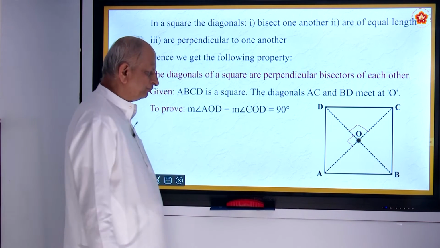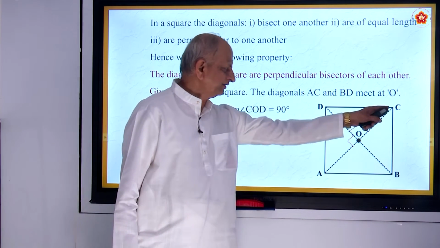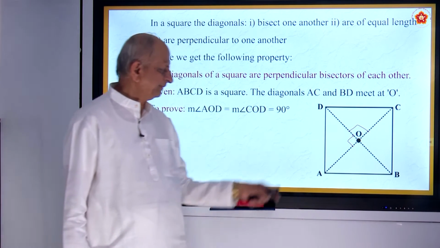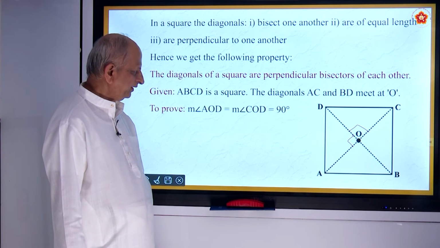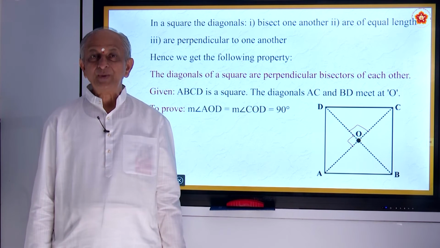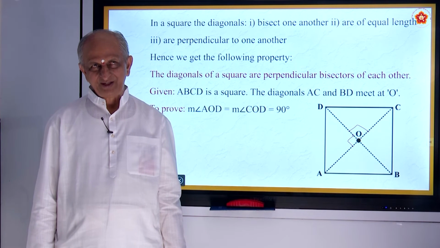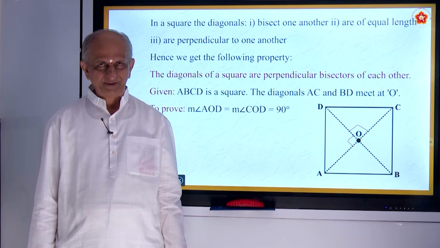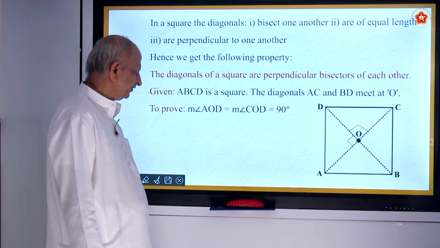That is what you have to prove. Here AC is one diagonal, BD is another diagonal. And how to prove it? By the congruency of triangles. In congruency of triangles, you have studied about 4 types of properties in the previous class. Come on, what are they? We will see one by one.